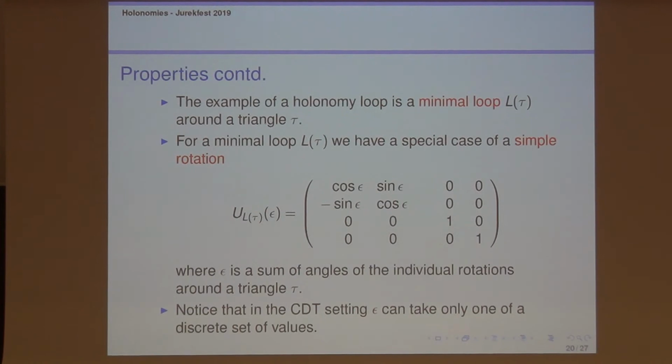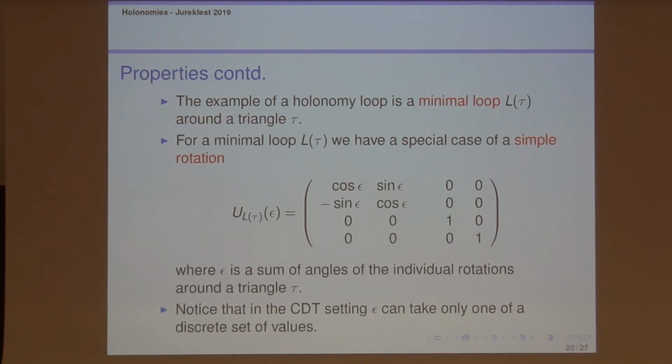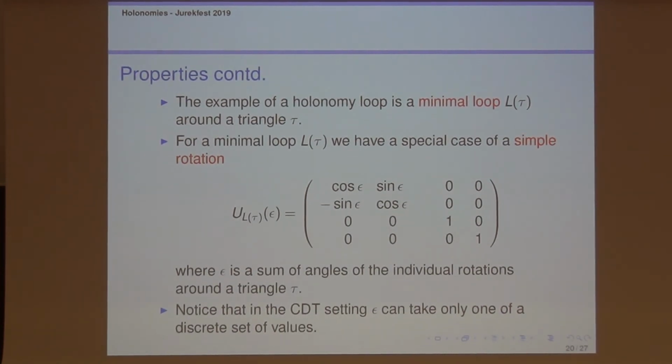The other angle is always 0. And in fact, this epsilon, which is here, depends on the rotations which are typical structures around such a hinge. And in fact, it can only take one of a set of discrete values in this formulation which we have here.